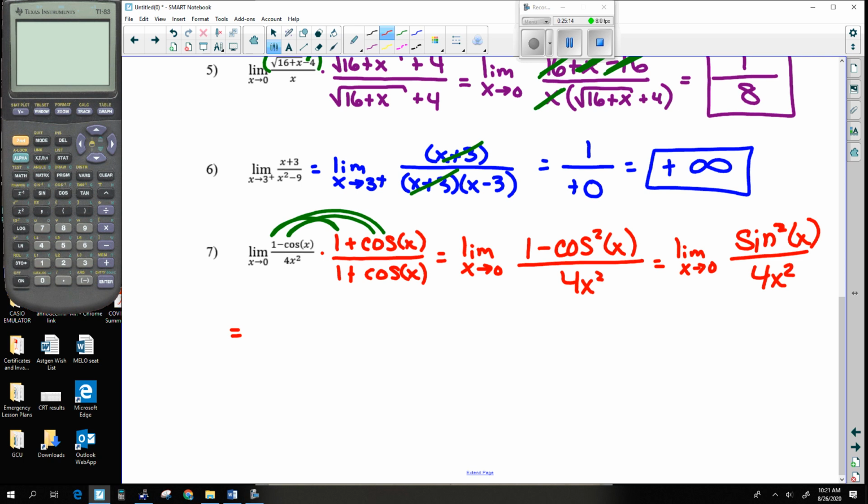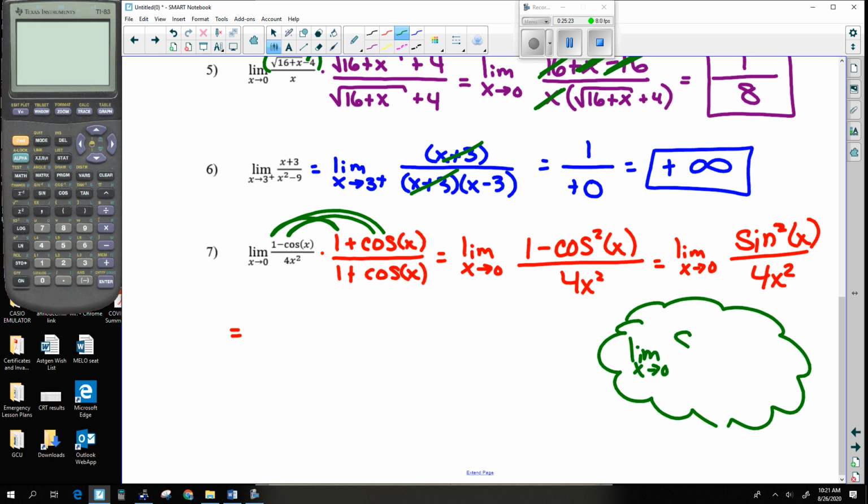Now what we are going to use, it was in one of the assignments, I know it for sure: the limit as x goes to 0 of sine x over x. It's one of those things that I wish I had a better explanation for, but you just kind of have to memorize it. That's equal to 1. Sine x over x, when the limit as x goes to 0, is equal to 1.